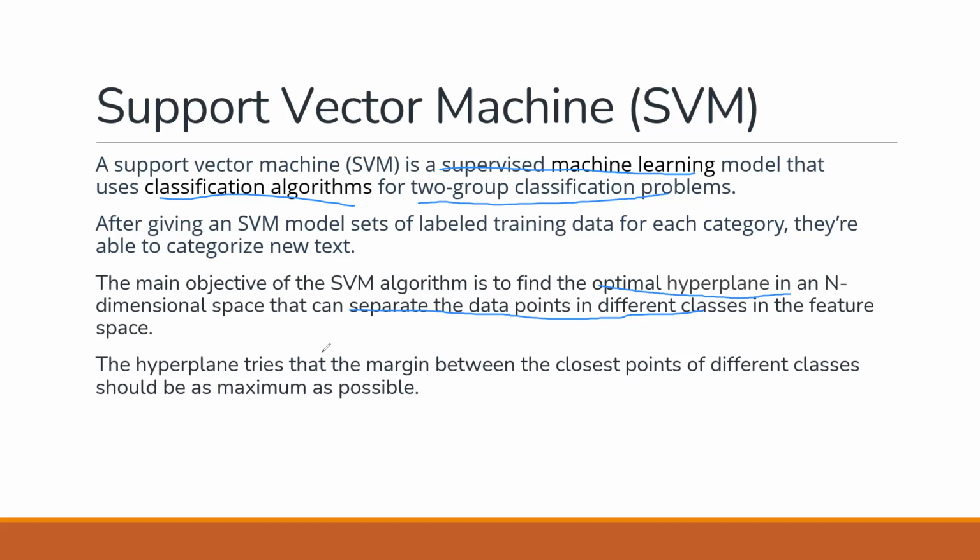But the major objective is that the distance between the closest points of different classes should be maximum. When the distance is maximum, the classification is more accurate. Because if two clusters have intermixed data points, it is very difficult for the support vector to segregate them. But if there is a large distance between the points, it is very easy for it to classify them.